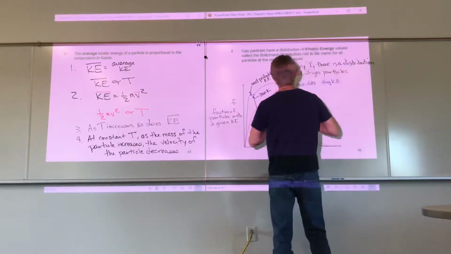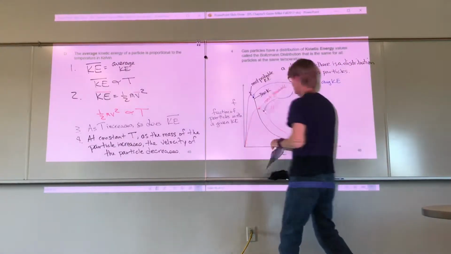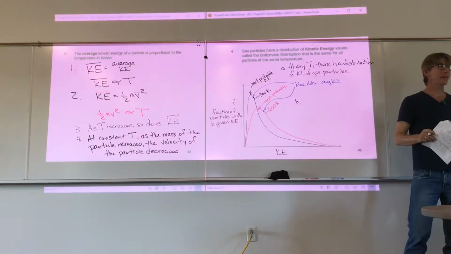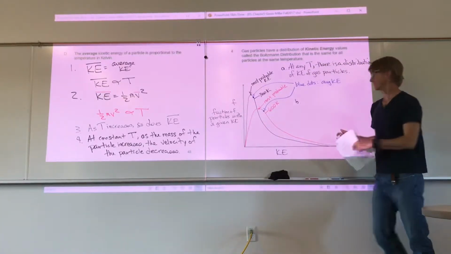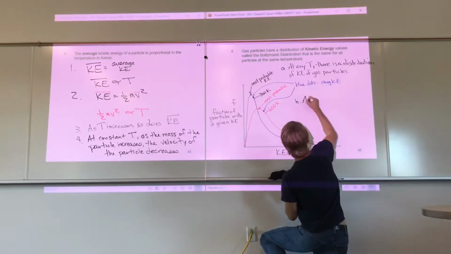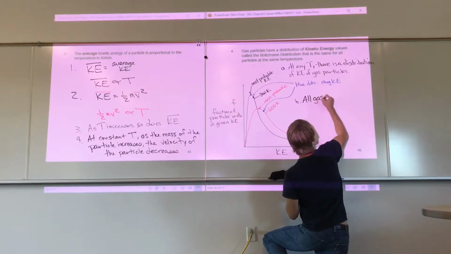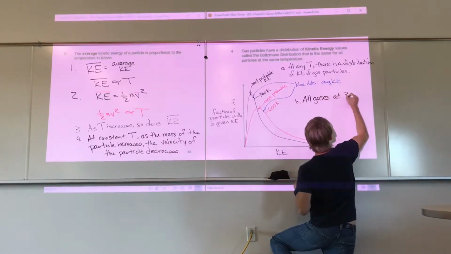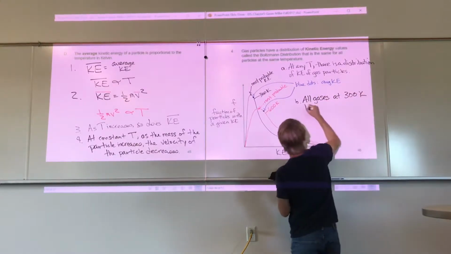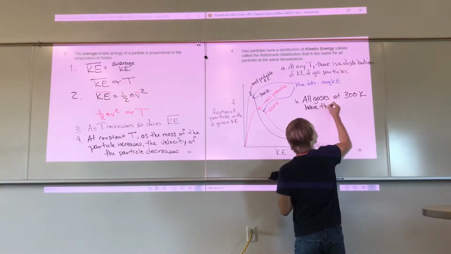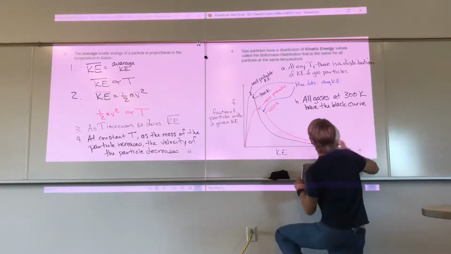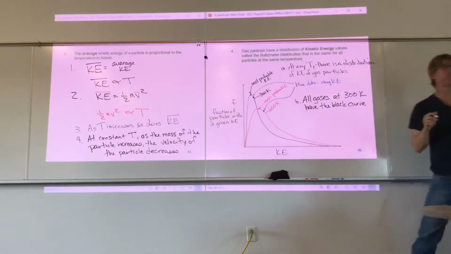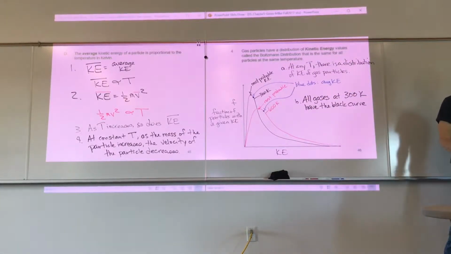So I'll write here B. All gases at T equals 300 Kelvin have this curve. Have the black curve of kinetic energies.